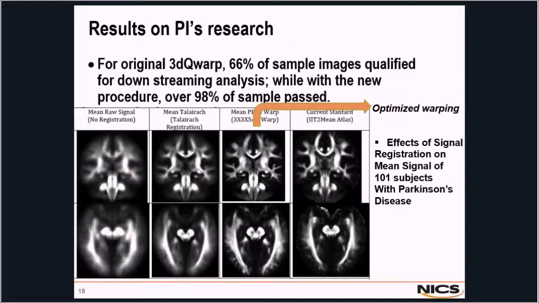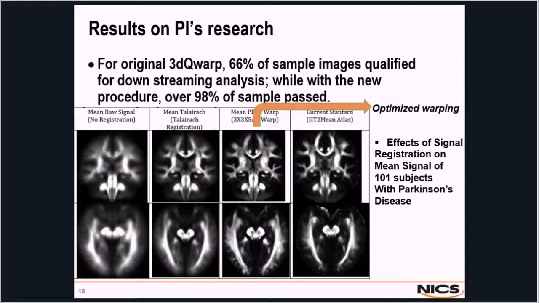The second column from the left is the traditional registration, which uses affine transformation. It's a linear transformation procedure. It's slightly better, but still looks blurry. So you can see the visual difference. The third column from the left is the mean warped image from our optimized warping procedure, and the rightmost, fourth column is the template.